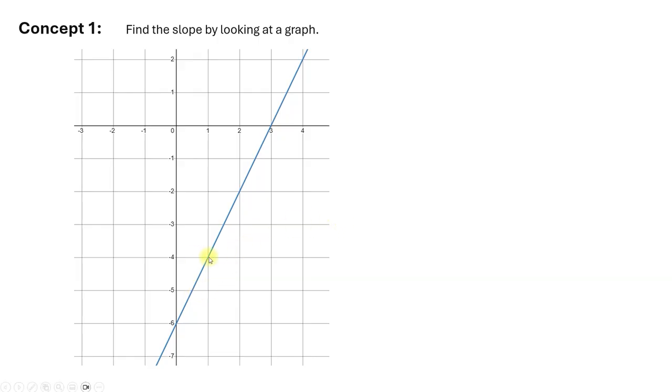Whereas up here, we can again see this is 1, 4. So we start by picking 2 coordinates that we can easily read. So here are 2, 0, -6, and 1, -4.